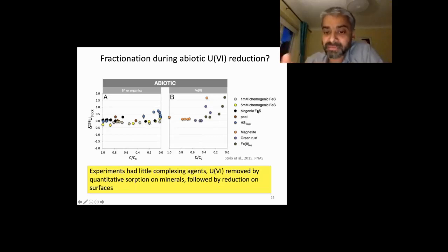Now, they did the reactions in a particular way. The experiments had almost no complexing agents like bicarbonate or calcium. So uranium was removed by quantitative adsorption on the minerals within the first few minutes of the experiments. And then there was a subsequent reduction on the mineral surfaces.